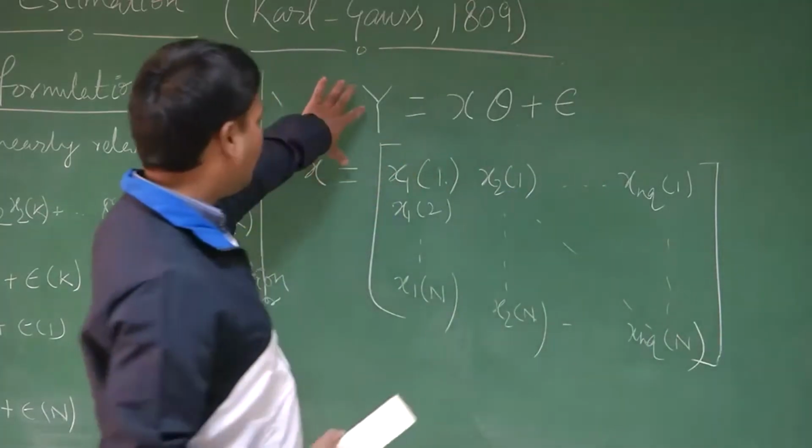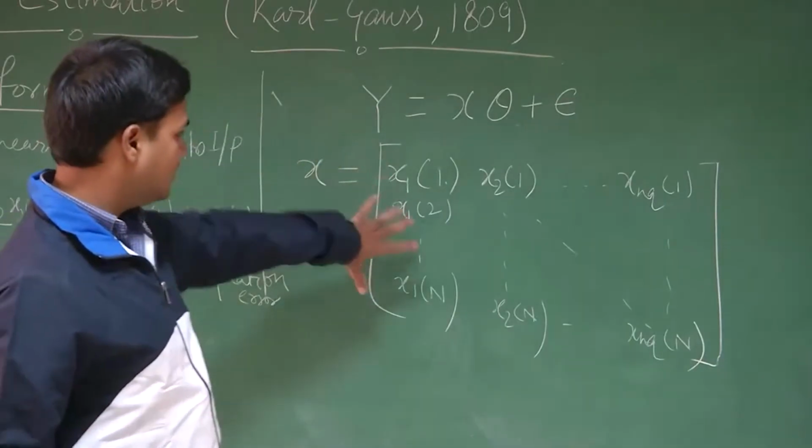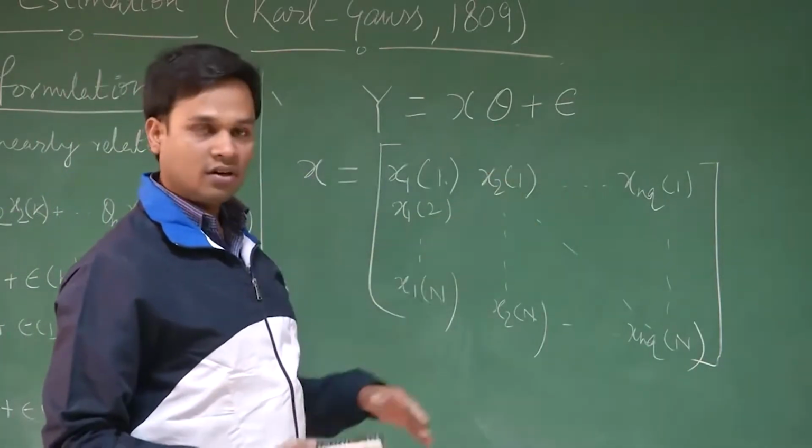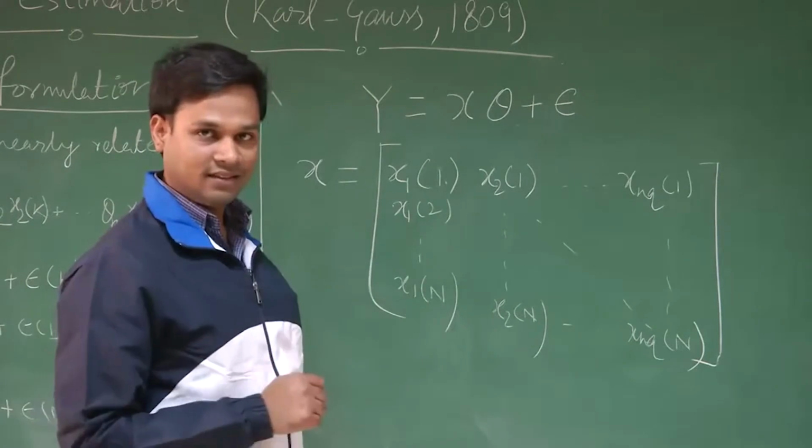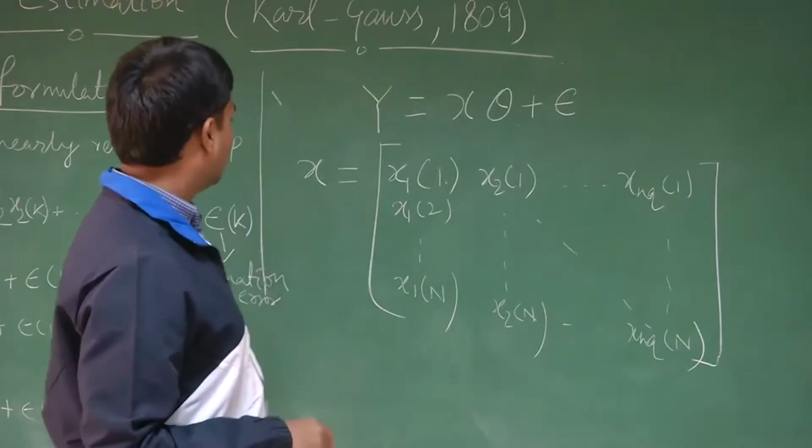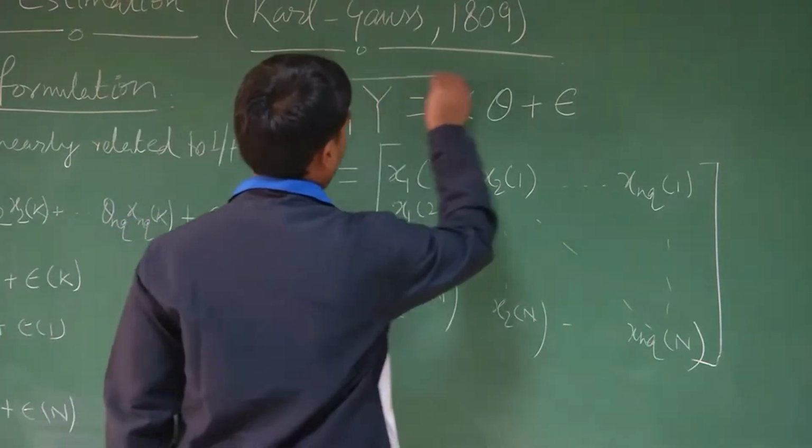So now you know y has all the outputs, x is this, and E corresponds to all the associated errors for each sample. So this is the thing.